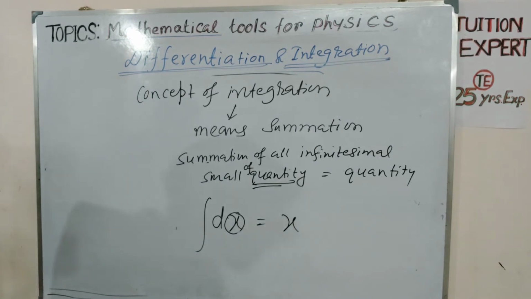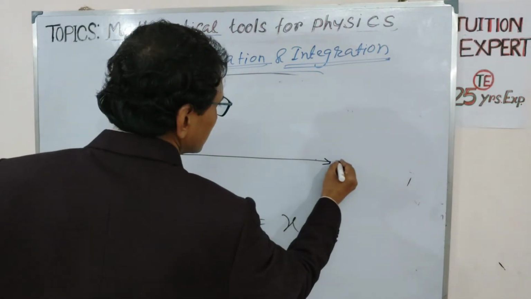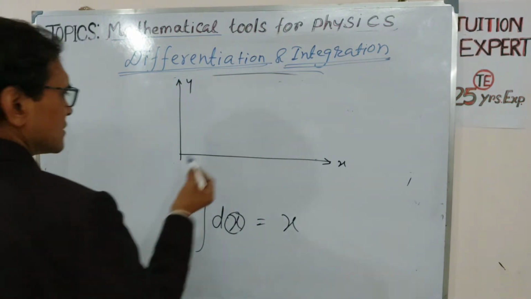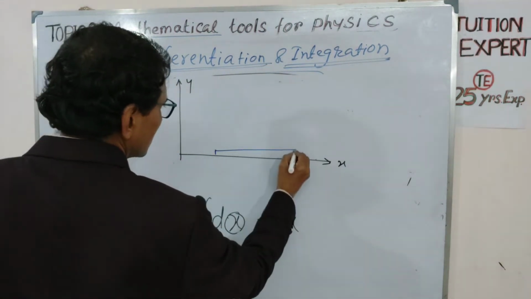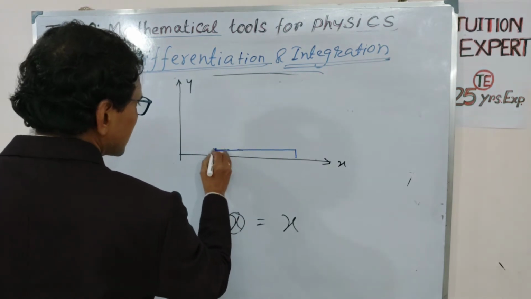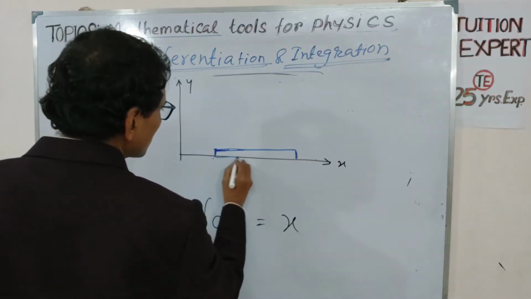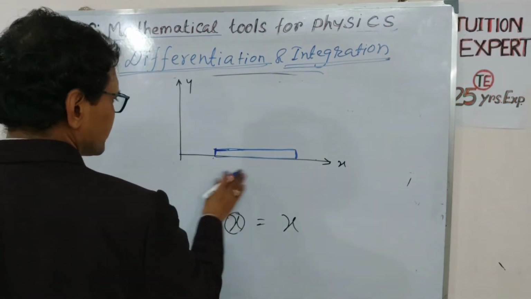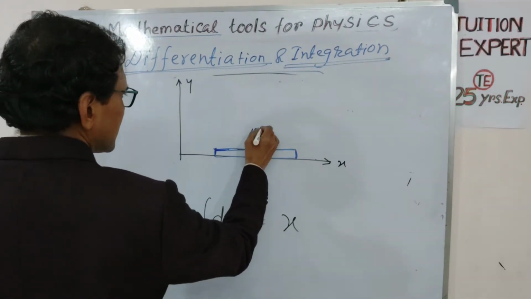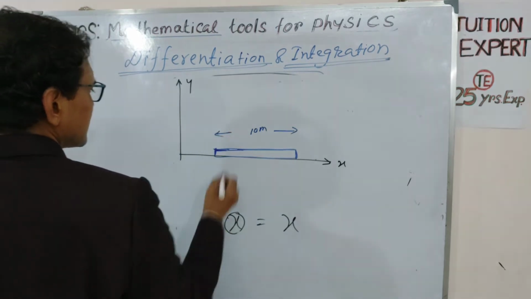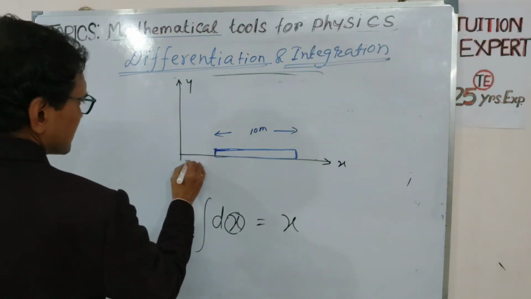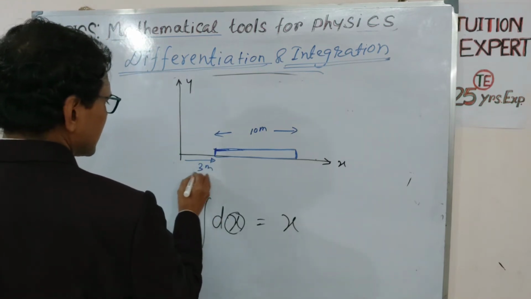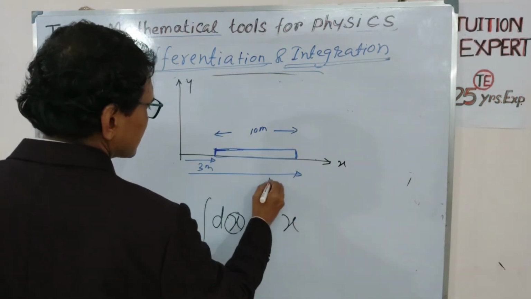So suppose this is the x axis and this is the y axis. A rod is present along the x axis whose length is 10 meter. Now this end is at 3 meter and this end is at 13 meter.